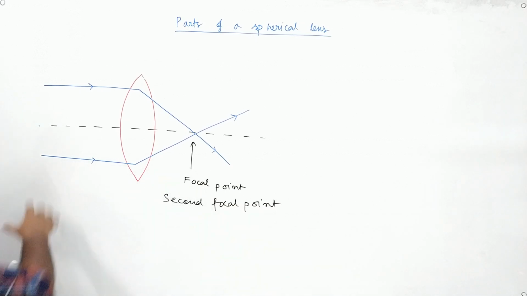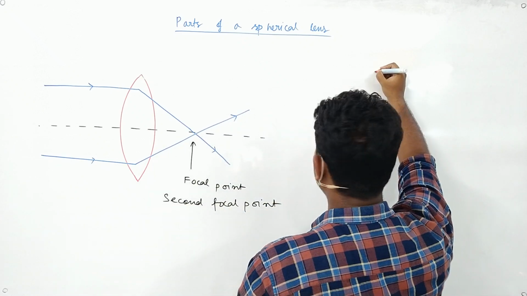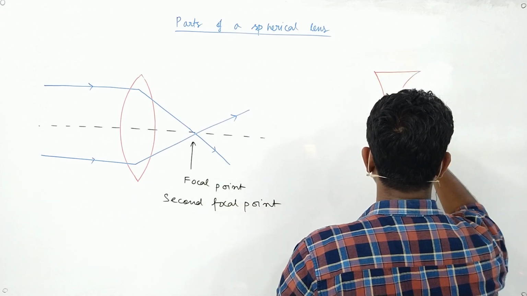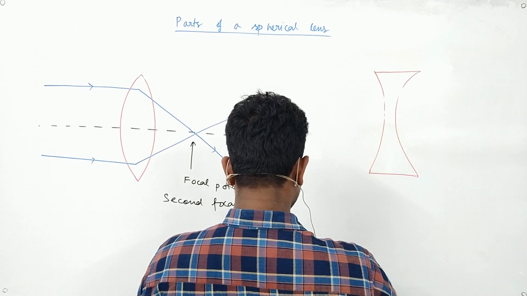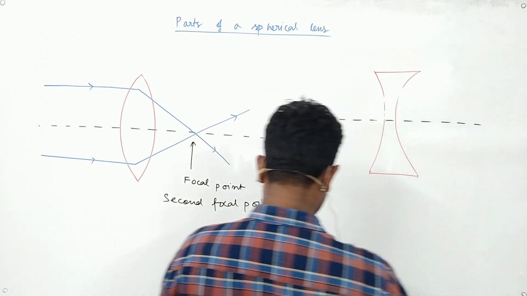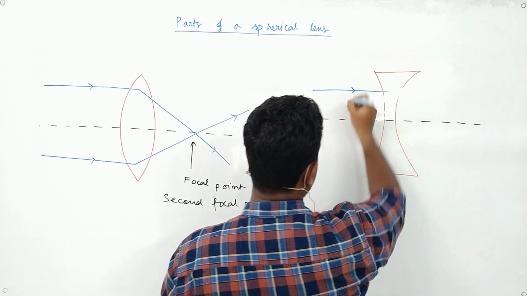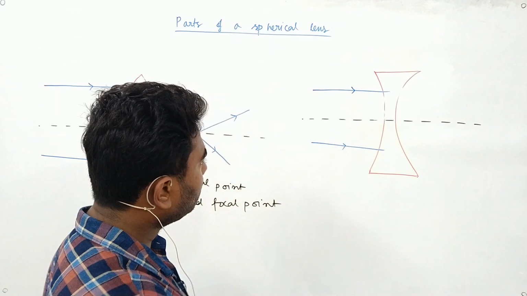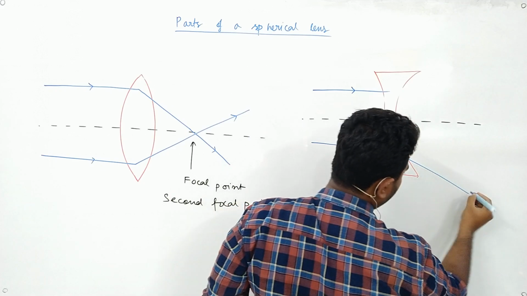Okay, see again, suppose the parallel lines are coming and they are falling on a concave lens. Suppose a parallel line is coming in this way and it is falling on the lens. It will get refracted.